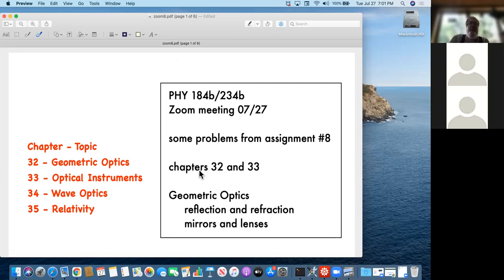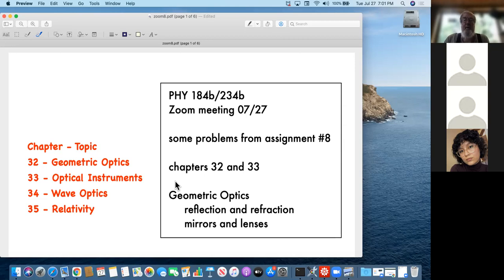We studied light last week, but only light in empty space, light in vacuum. And we found from the electromagnetic theory how electromagnetic waves propagate in empty space.